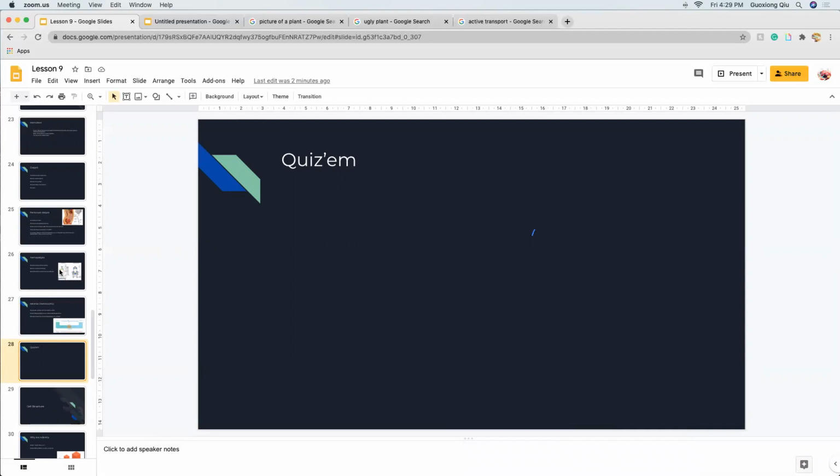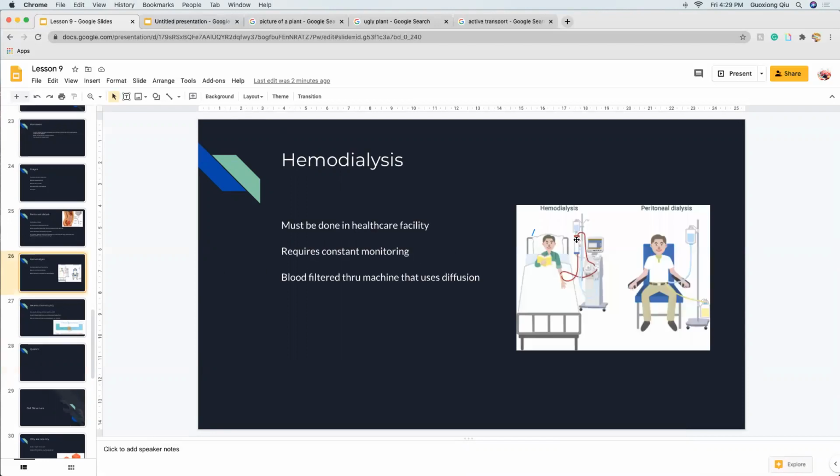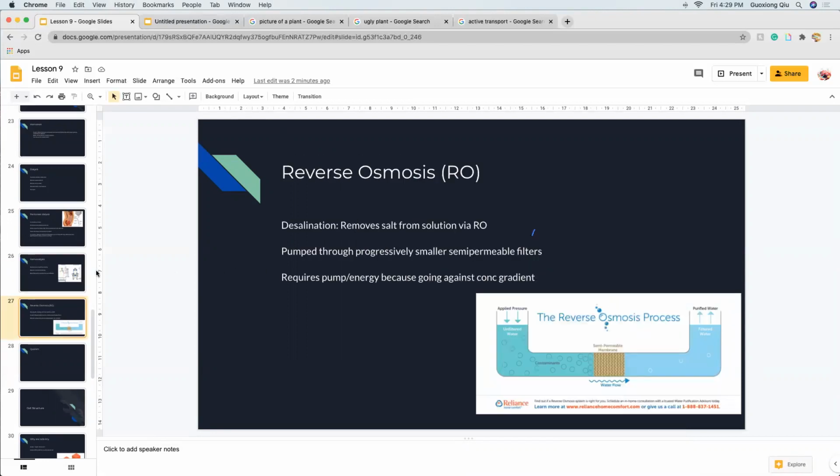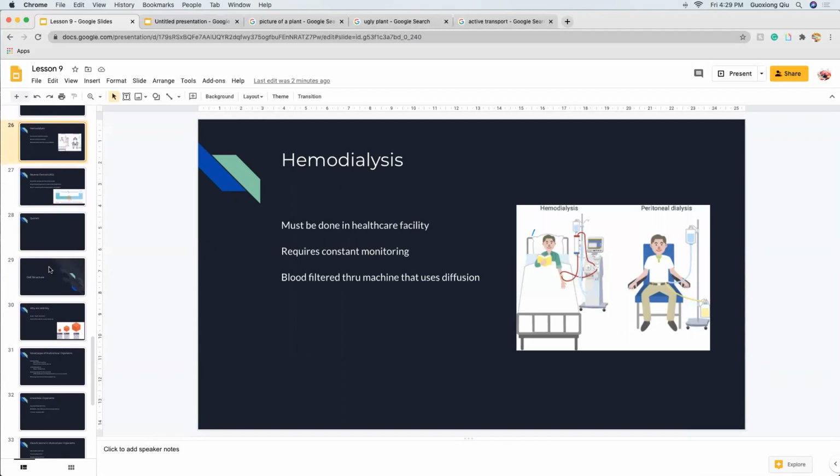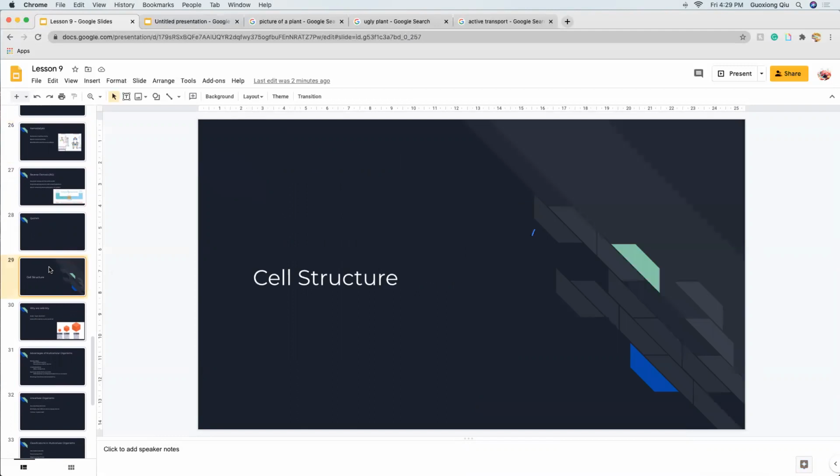Hemodialysis requires you to be in a healthcare facility where you have a machine that does your monitoring, does your filtering externally.